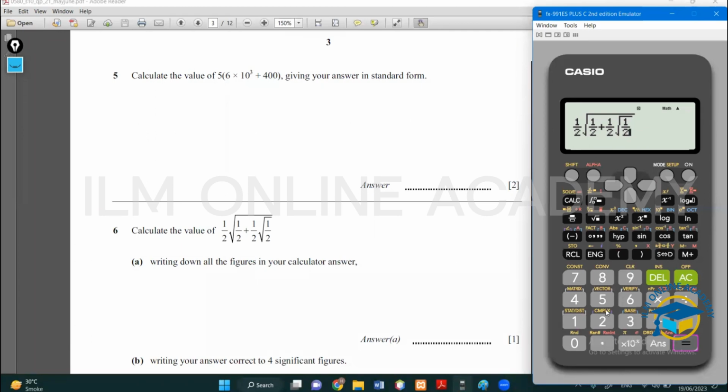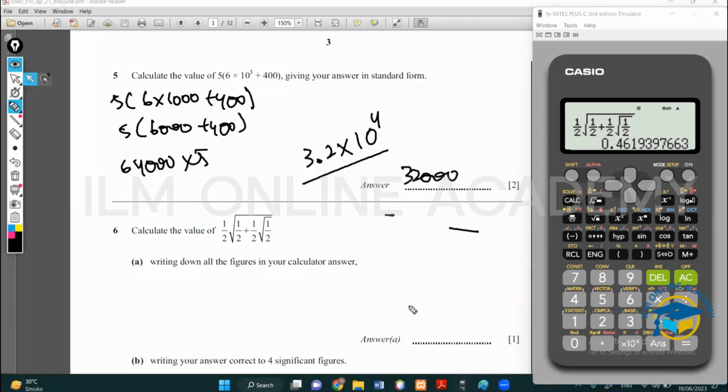And then the answer is 0.4619397663. So I will write it down. Now we have written all the figures.